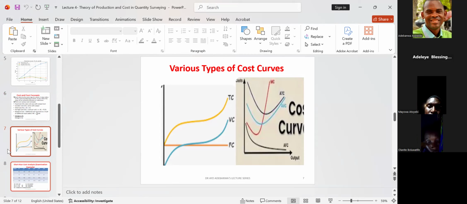Then the pink one, you have that as the fixed cost. Then you also can look at the average total cost, average variable cost, and average fixed cost. You will see that all those ones are U-shaped. Now, the marginal cost is also like a U shape, but it looks as if you are marking your book.